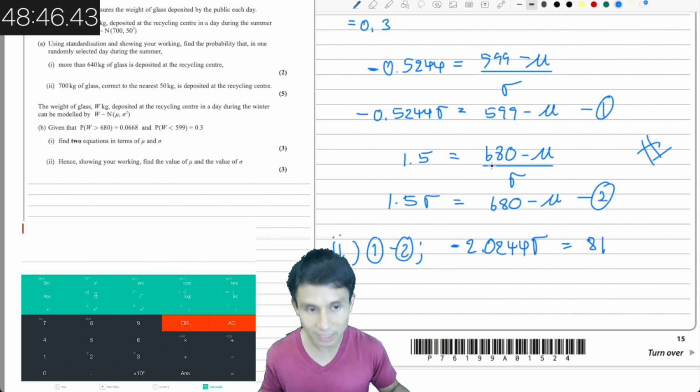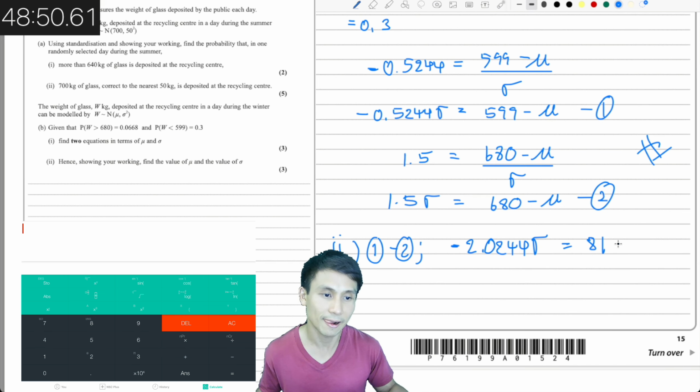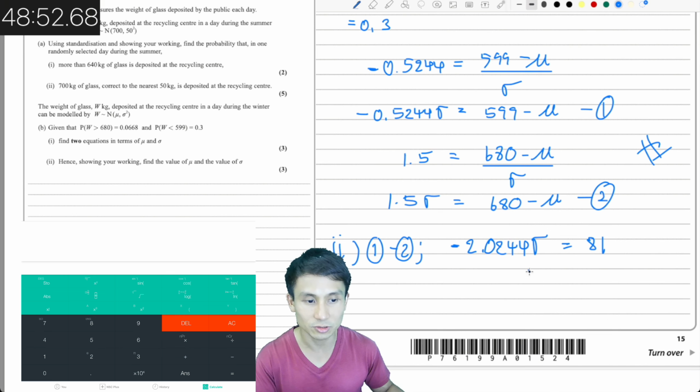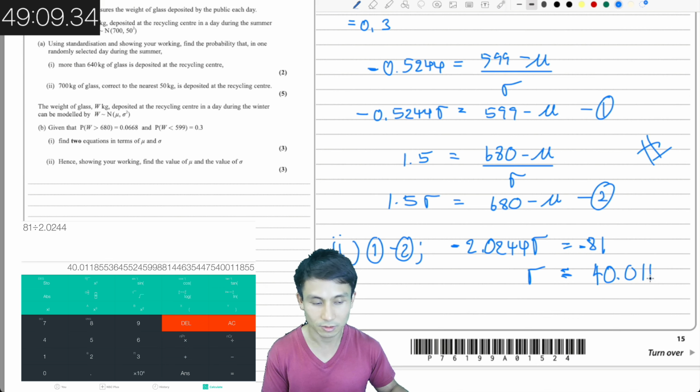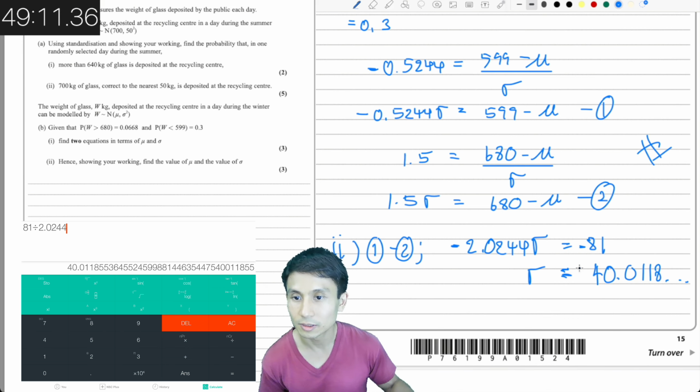Subtract 680 from about 600 and a bit more here. And mu will go away, so sigma will be, wait, this is minus, sorry, because sigma cannot be negative. So 81 over 2.0244. That's sigma.